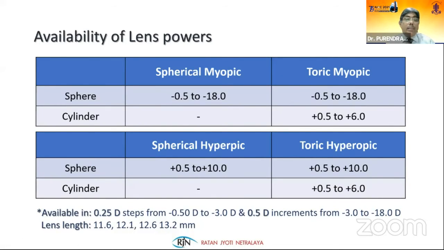It comes in steps of 0.25 up to -3 diopters, and thereafter in 0.5 diopter increments from -3 to -18 diopters. It is available in various sizes of 11.6, 12.1, 12.6 and 13.2 for a very large eye.